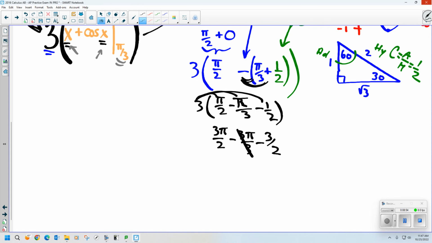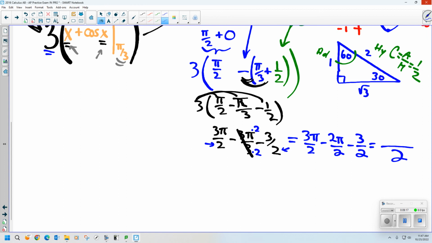Okay? All right, well, it would be nice because this has a 2 in the bottom, and so does this. So let's multiply the middle fraction by 2 over 2. So we end up with, okay, we have 3 pi over 2 minus 2 pi over 2 minus 3 over 2.